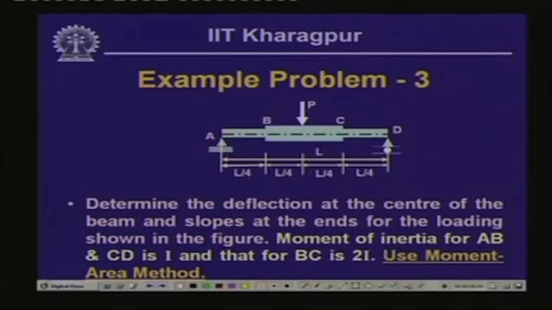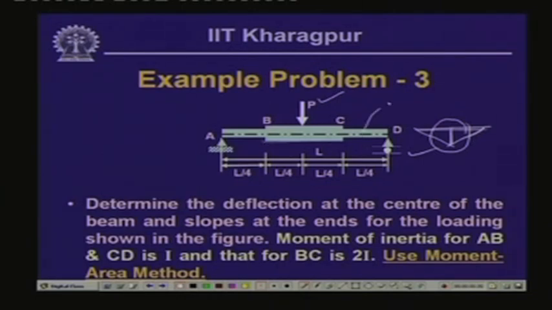Well, let us look into another example of variable moment of inertia when the beam is a simply supported one and is subjected to a concentrated load at the center. Now, as you have noticed, for this we get the bending moment diagram where the maximum value of the bending moment is at the center, and thereby in the central region we have a different moment of inertia of the section.